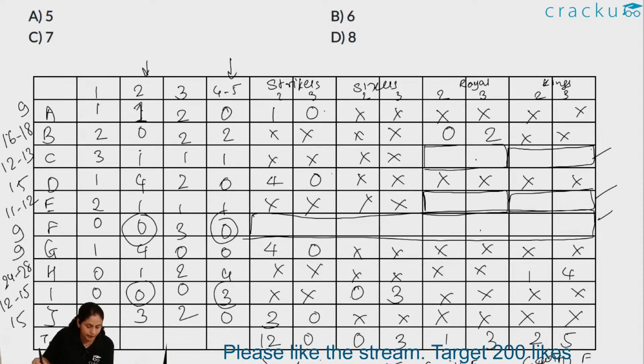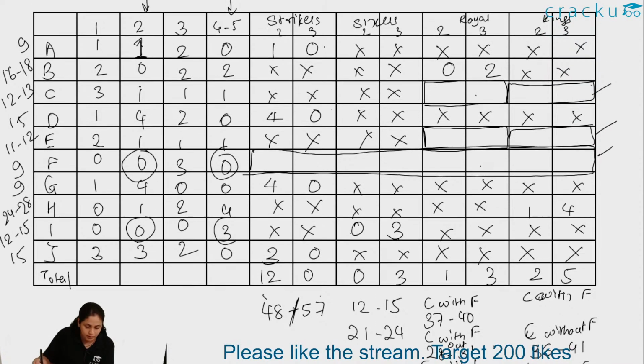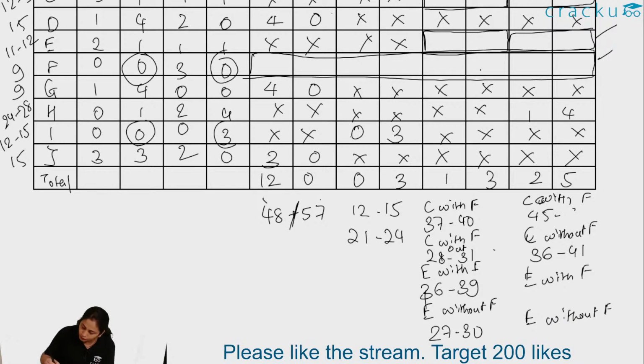So that would be 36 to 41 without F. If you have F in addition to that, this would be 36 to 41 plus 9, so 45 to 50.